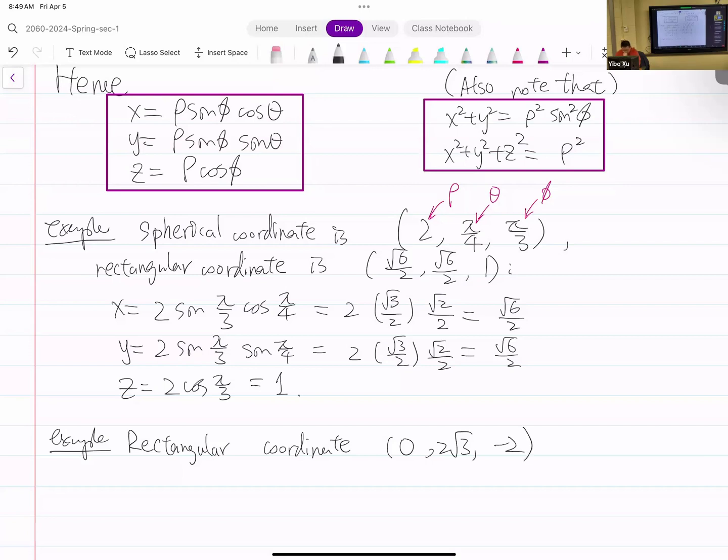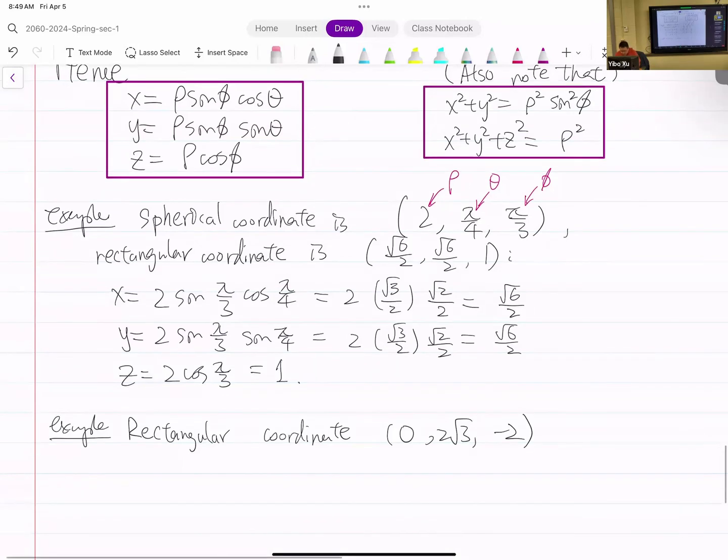So somehow here we want to follow that order that we established this graph from at the beginning. Okay? So we want to find spherical coordinates, rho, phi, theta.